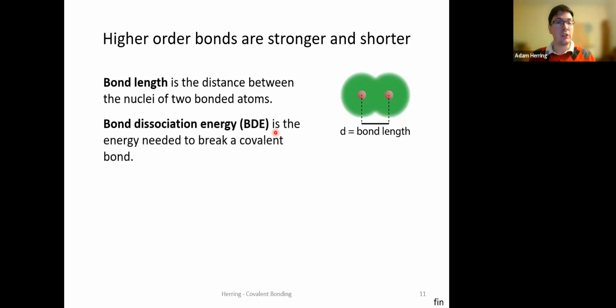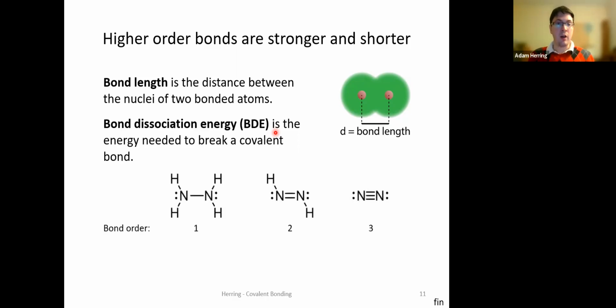And the bond dissociation energy is the energy that's required to break that bond. So when we have multiple bonds, there are more electrons holding those two elements together. Therefore, in order to break those bonds, it requires more energy to separate the atoms.